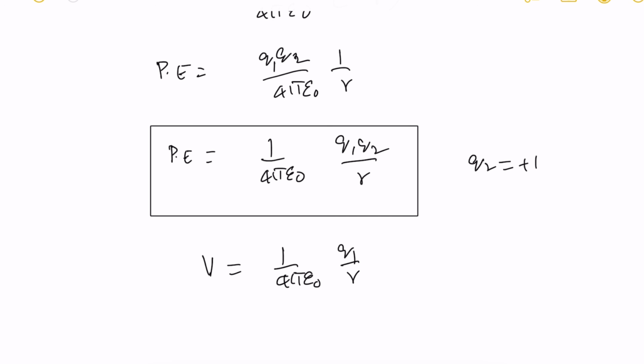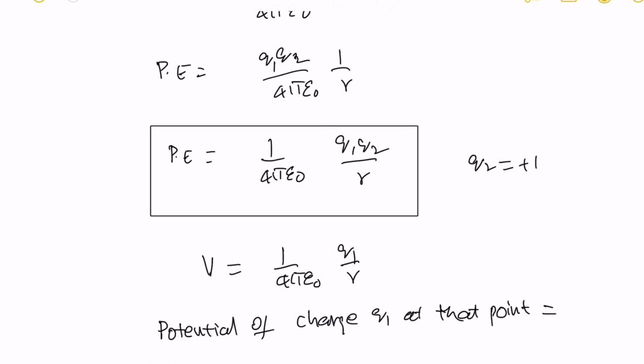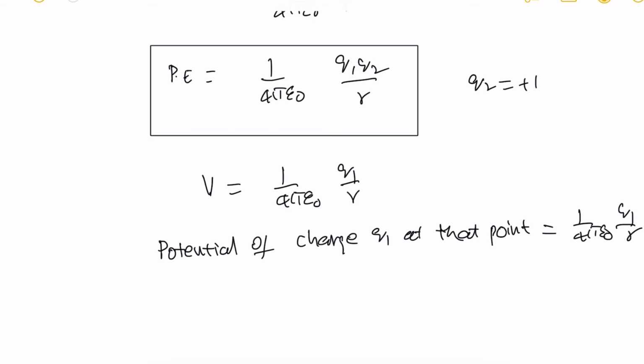So the potential of charge q1 at that point is, remember, 1 by 4 pi epsilon naught q1 by r. That is the potential.